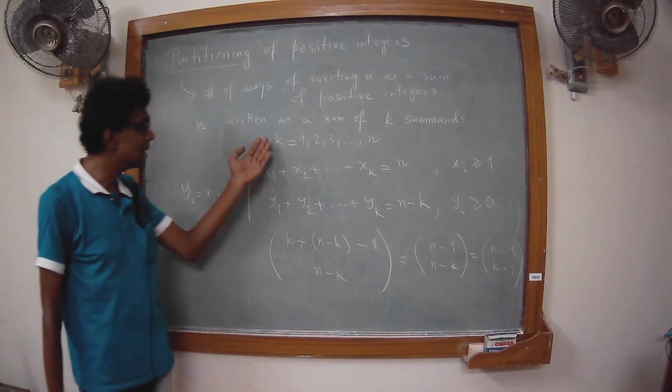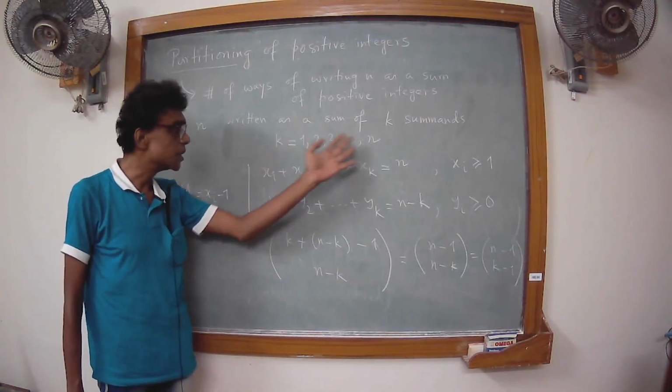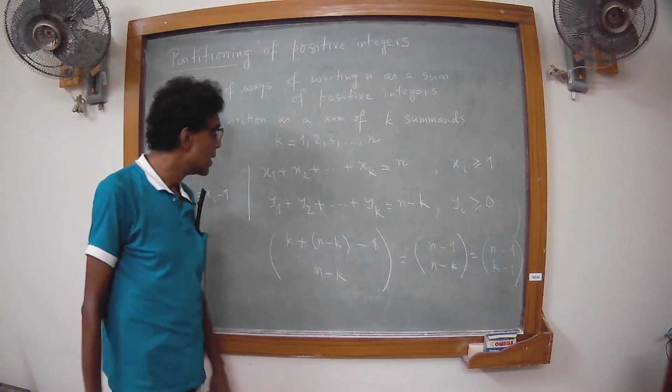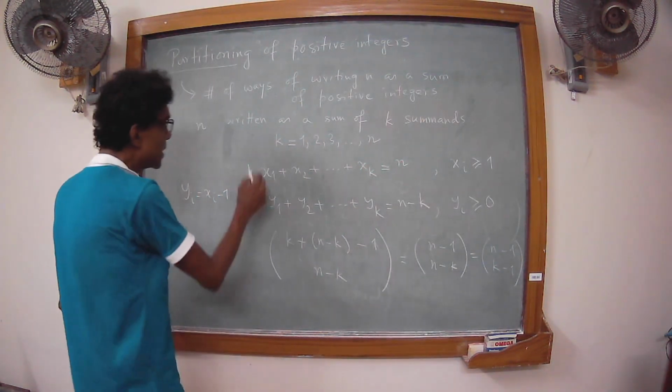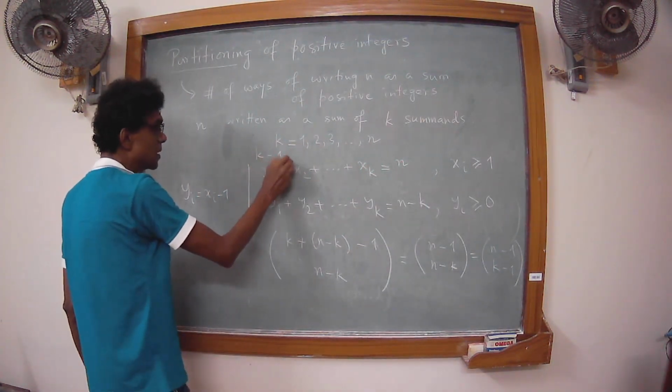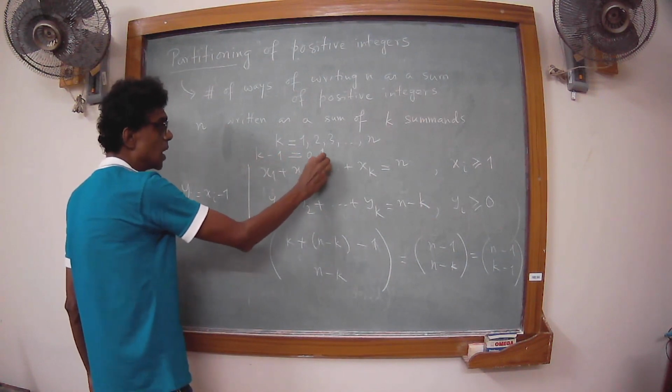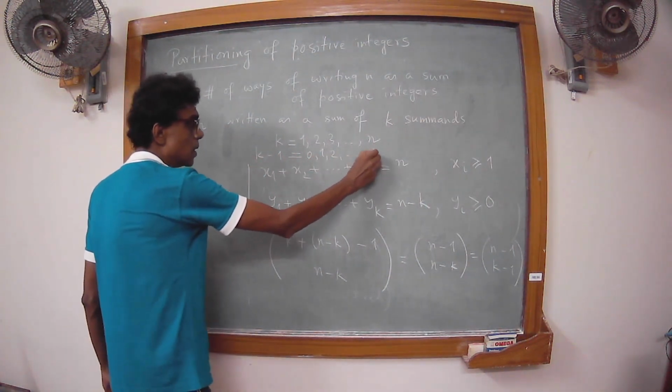Now k can take any of these values 1, 2, 3 up to n. And therefore, k minus 1 can take any value 0, 1, 2 up to n minus 1.